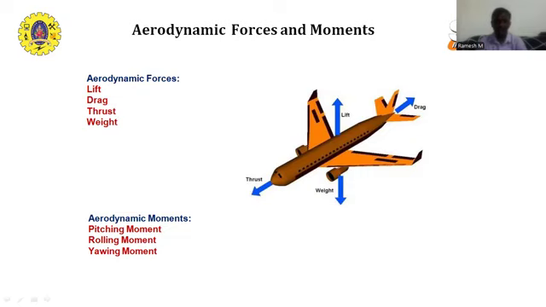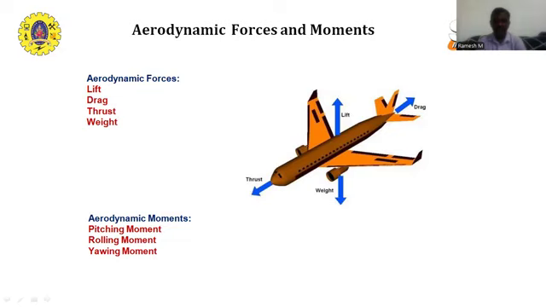Drag is directed opposite to the flight direction. Like lift, there are many factors that affect the magnitude of the drag force, including the shape of the aircraft, the thickness of the air, and the velocity of the aircraft.